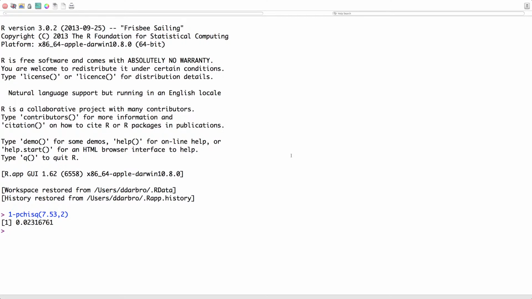Now, let me just show you briefly, very quickly, how you would set this up in R. So I would call this the probabilities, and this is under the null hypothesis. And the next thing I would call would be my count, and this is what I get from my sample data.